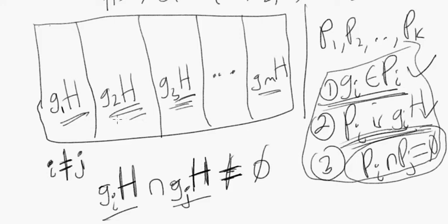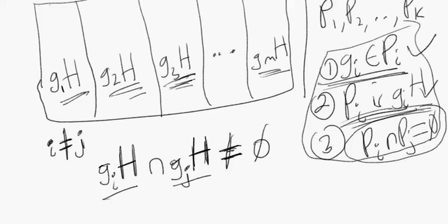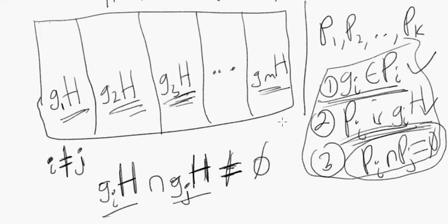Is there anything we can do to redeem ourselves? Our strategy for doing that was to conduct a study. It could be possible that the coset giH and the coset gjH have something in common, that the intersection is non-empty. But let's explore.